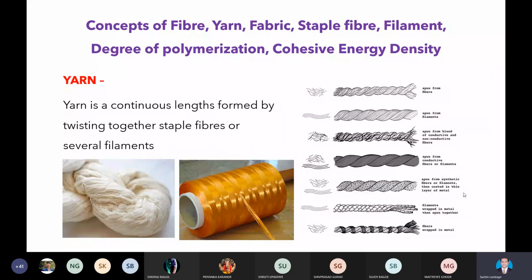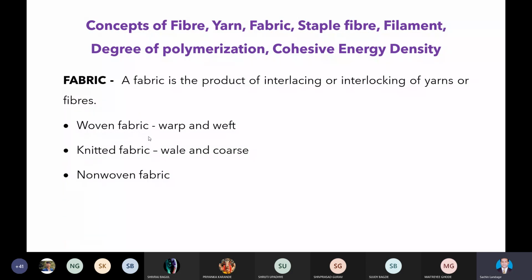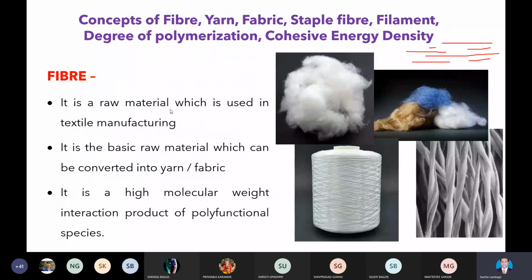Next is the yarn. Yarn is a continuous length formed by twisting together staple fibers or several filaments. See, fiber is the basic raw material which you use for converting into yarn or fabric.